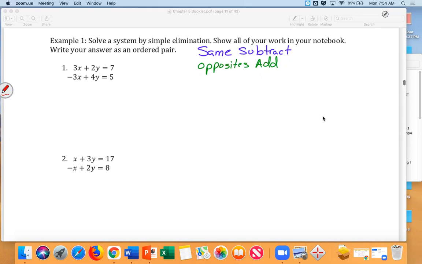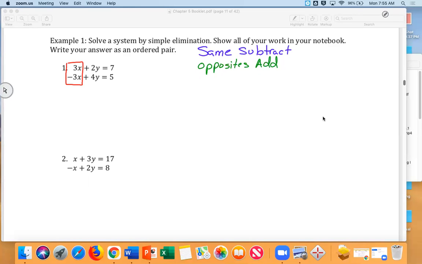So Andrew told us these x's are pretty similar, if you will. Would you agree, Andrew? Pretty similar, right? Now, if you had to guess, Andrew, are we going to do same, subtract, or opposite, add?